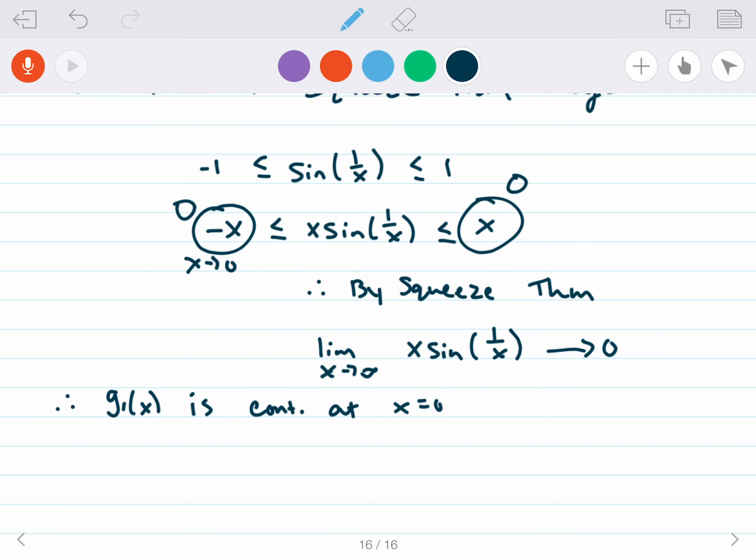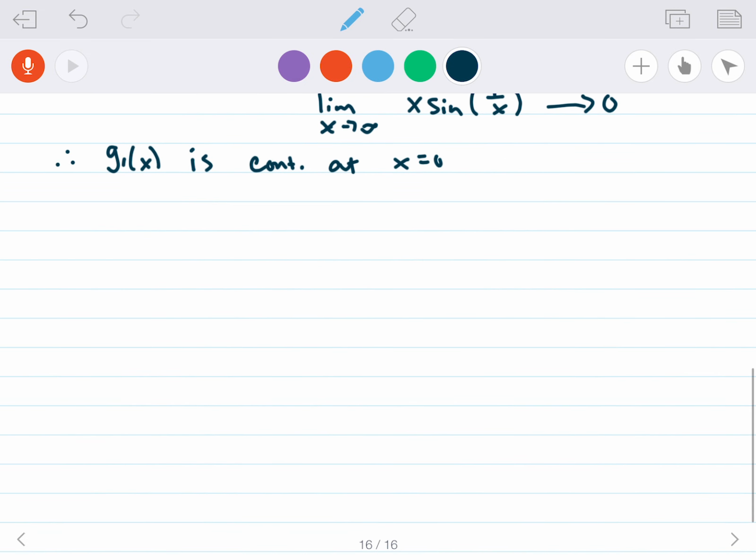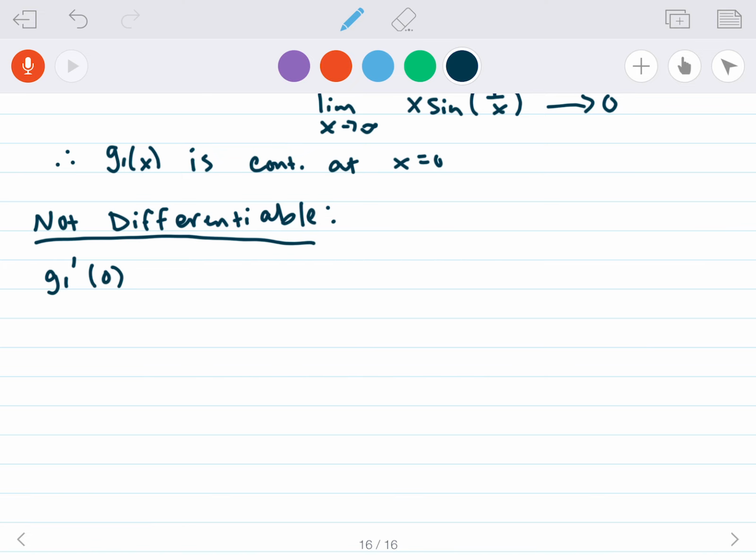Okay, but I claim that it's not differentiable. So remember, if it's not differentiable, then g1 prime of 0 shouldn't exist. Not differentiable. So let's go ahead and compute this derivative, or try to compute it at least, and show that this does not exist.